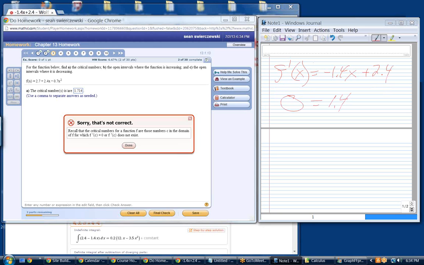So if I solve this equation, I get x equals negative 2.4 divided by 1.4. I can do that on my calculator: 2.4 divided by 1.4 is 1.714.